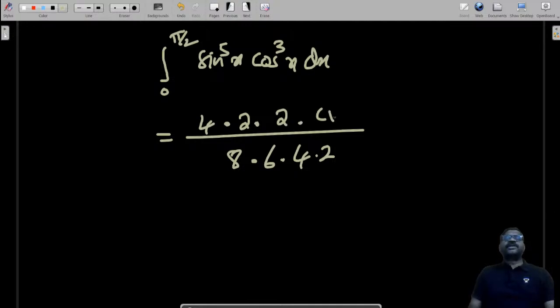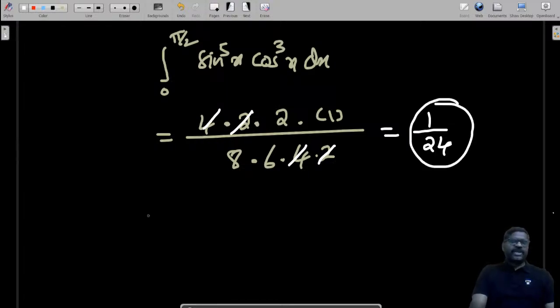Both the powers are not even, therefore 1. You can cancel 4 into 2, 4 into 2. 2 by 48 is 1 by 24. Finally, the value of integral is 1 by 24. Understood? The value of integral is 1 by 24.